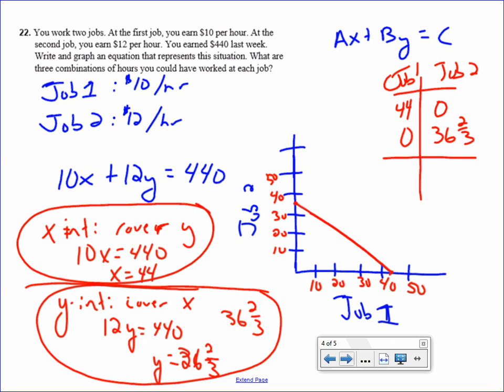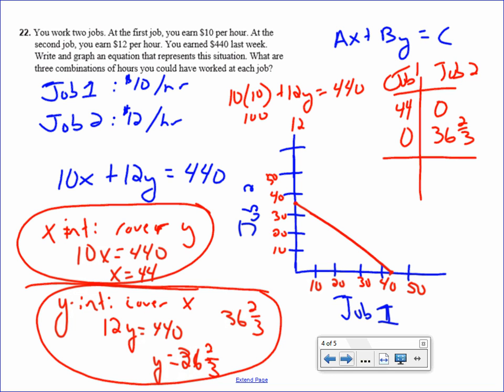So you may want to think about, okay, what if I worked 10 hours at job 1. So 10 hours at job 1, that would be like putting a 10 in for the x. So that would be 10 times 10, 100, plus 12y equals 440. So you got $100 then from your first job.